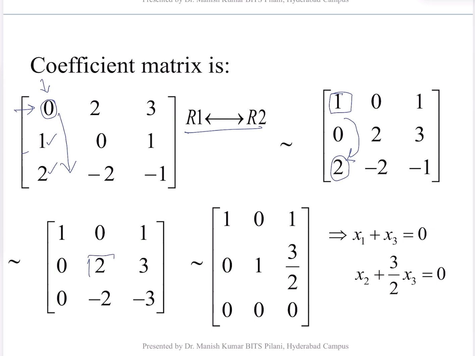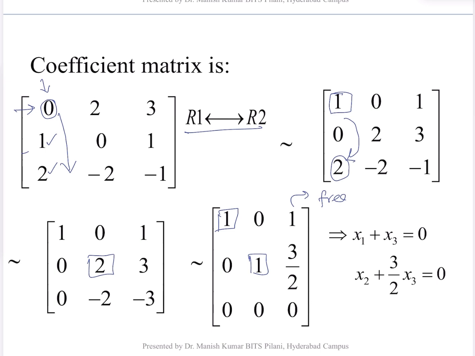Now again we have to make the next row, next column entry 2 into 1, so divide the second row by 2 using elementary operation, and then we got this. And again in this column we are not going to get any pivot entry, hence we can say the variable corresponding to this column is free, and the infinite solution case will occur.